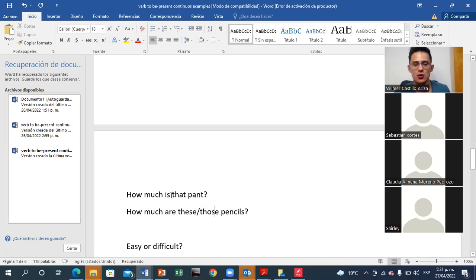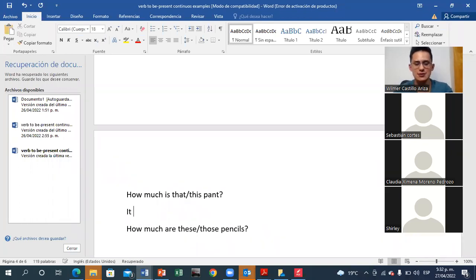Lo mismo, ¿cuánto vale ese pantalón? Si yo tengo el pantalón acá y quiero decir, venga, ¿cuánto vale este pantalón? How much is this pant? Y aquí, singular, respondemos con it is y colocamos el precio. It is, whatever, and they are, whatever.